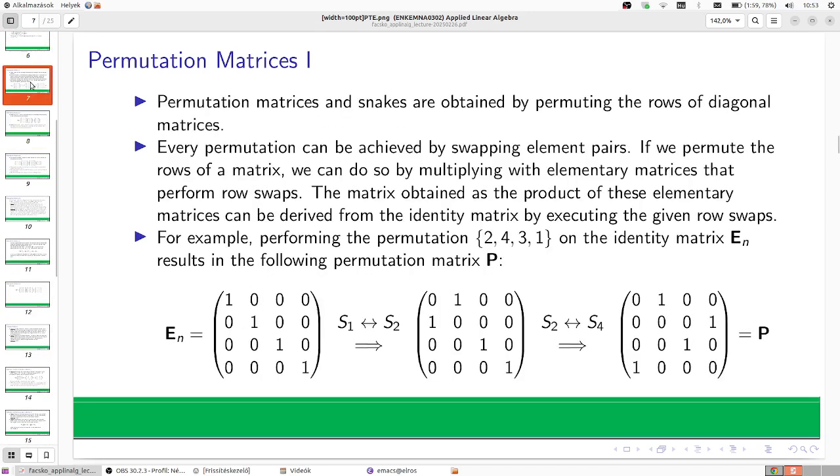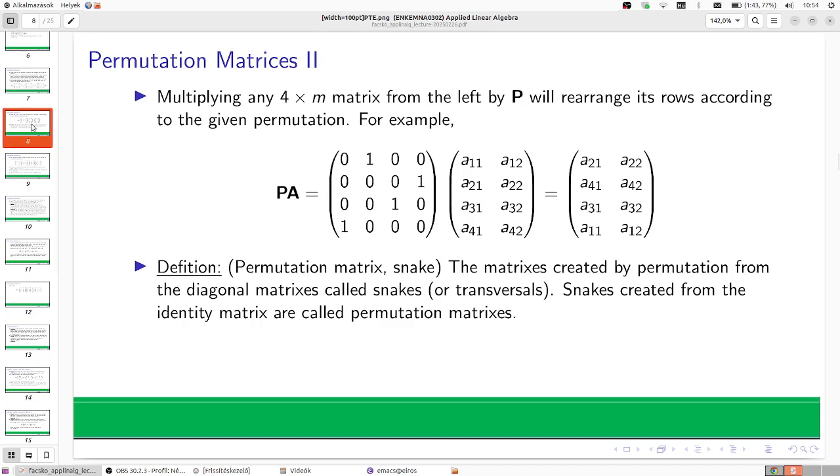Sorry. So permutation matrices: you start from diagonal matrices and you can switch the rows, or you can start from an identity matrix and switch the rows. Then you can construct the so-called permutation matrix, and multiplying with another matrix, you get something special.